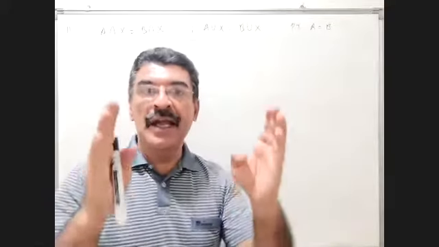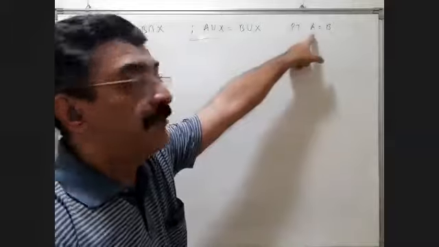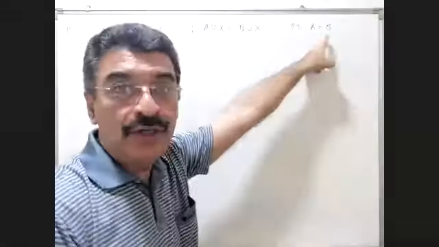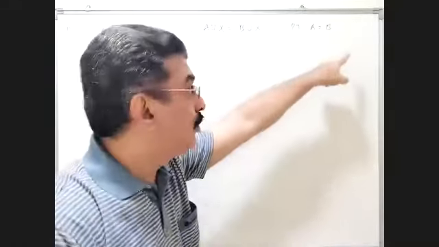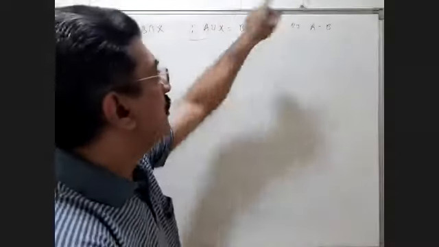We will start with union because intersection and union both are given. We start with union and take intersection along with A. Our aim is to prove that A is equal to B.